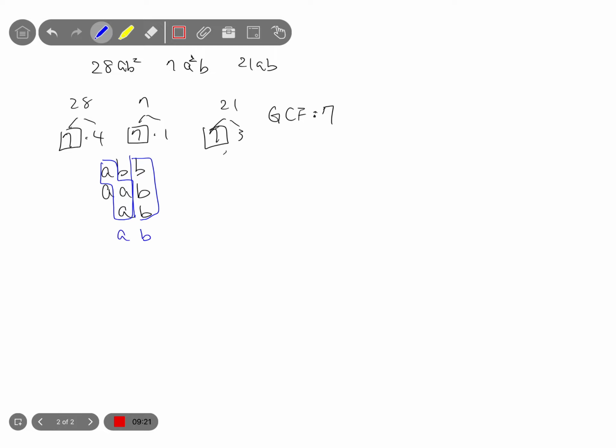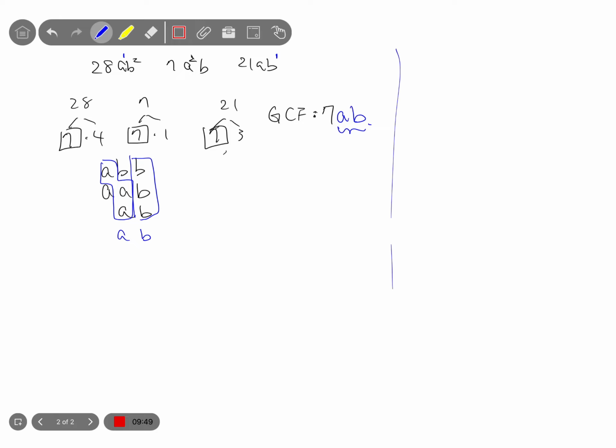So everybody has an A and everybody has a B. So our GCF in this case is just going to be 7AB. Okay, now as far as what I said about picking the exponent with the lowest number, remember, A here is the first power, that's the lowest. B is the lowest, so that's why we have AB here. Okay.